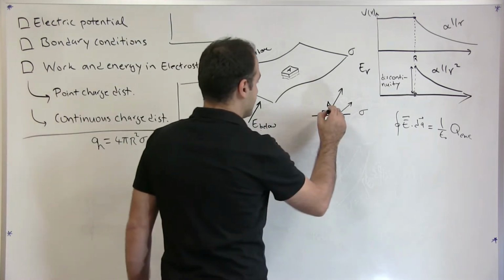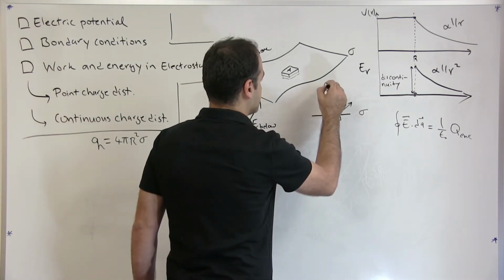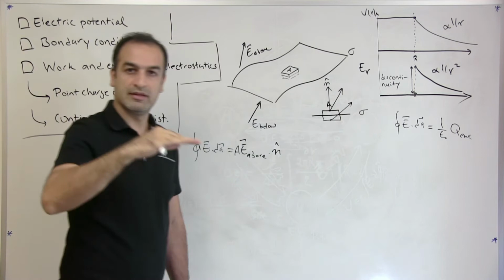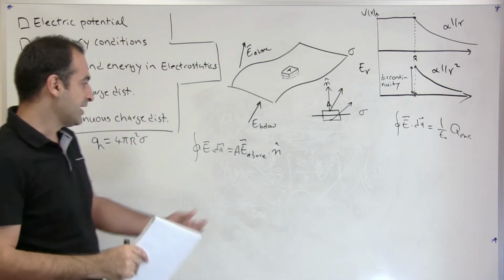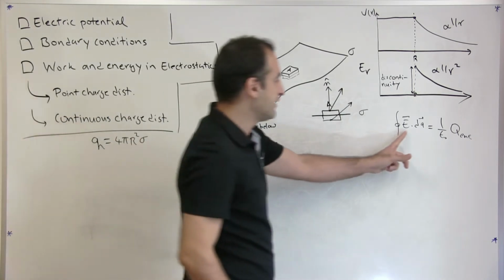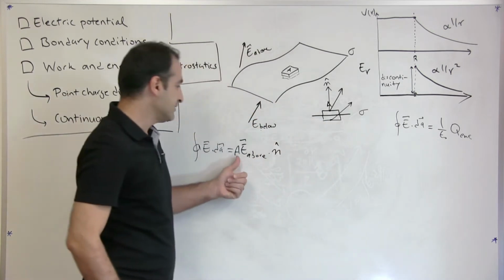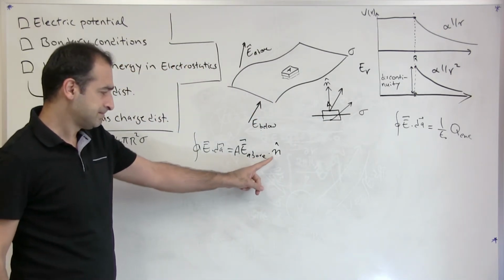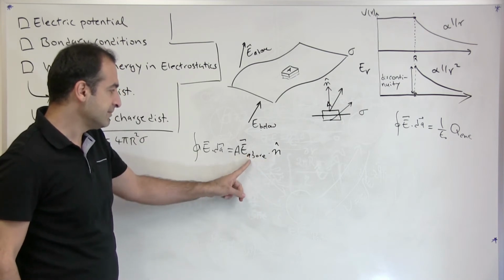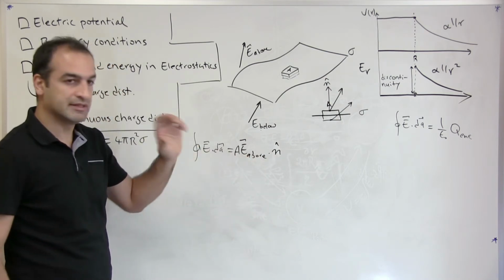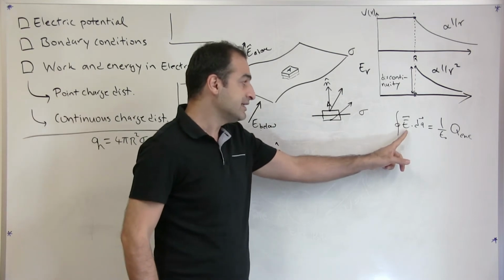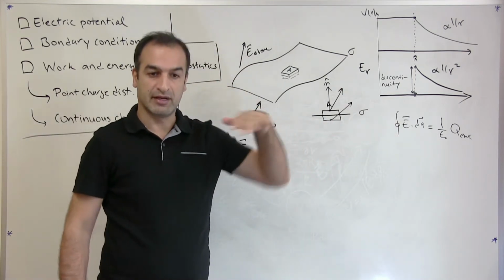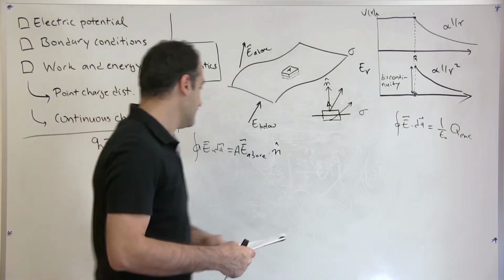N hat is a unit vector in this direction, normal to the surface, okay? I put n hat here because here we have the dot product. The magnitude of A is going to be the surface area, and the dot product of E above times n times A is technically E dot dA integrated over the top surface, okay?